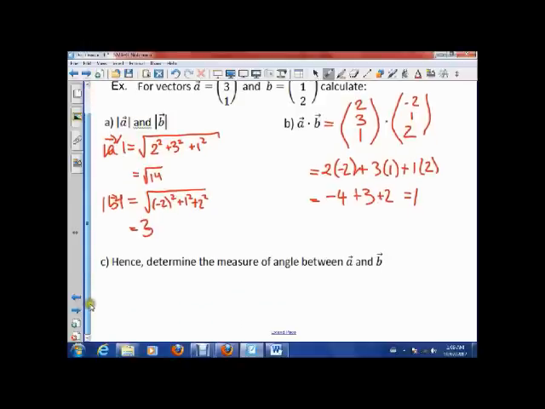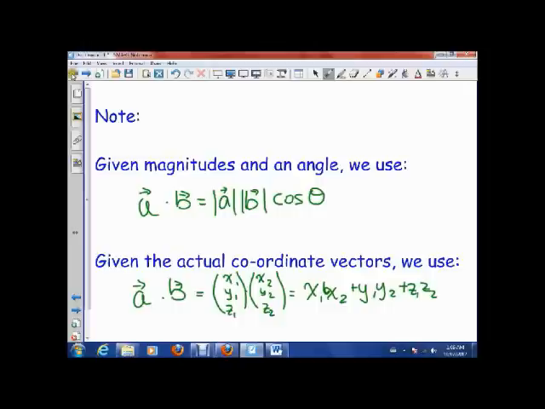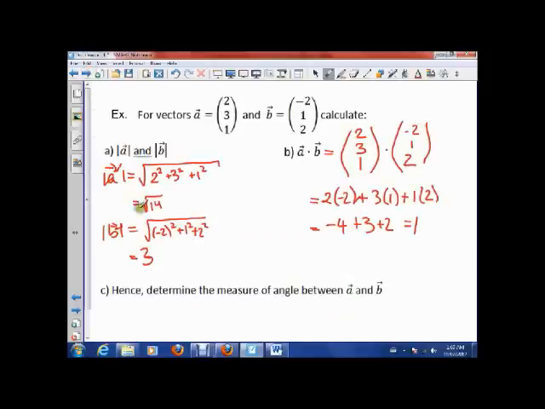Now I want to use all that information to figure out the angle between A and B. Remember that these two things mean exactly the same thing, so I can set up an equation that says that this is equal to that.